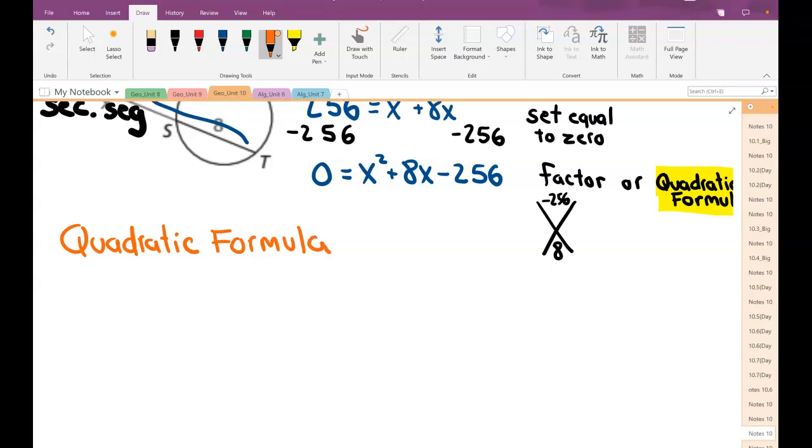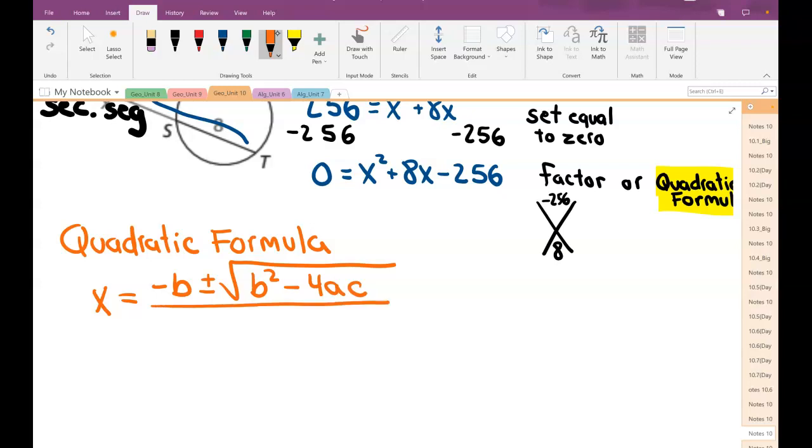This is a big staple of Algebra 1, where the formula is your x values are equal to negative b plus or minus the square root of b squared minus 4 times a times c, all over 2 times a. When we plug in values for a, b, and c, we're going to have two answers for x in the end from this plus and minus.